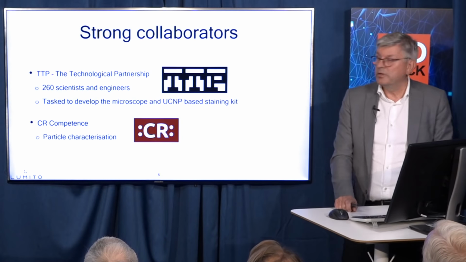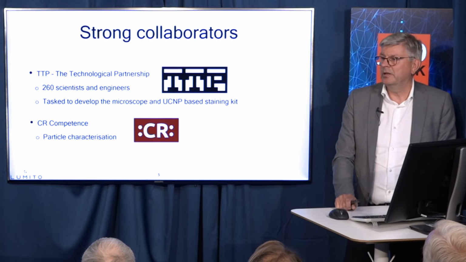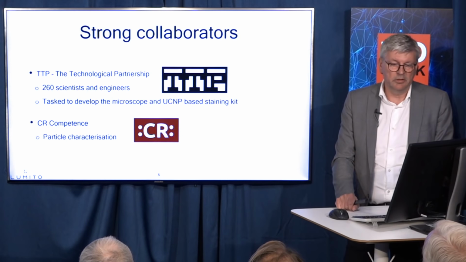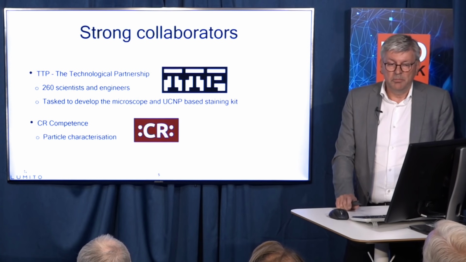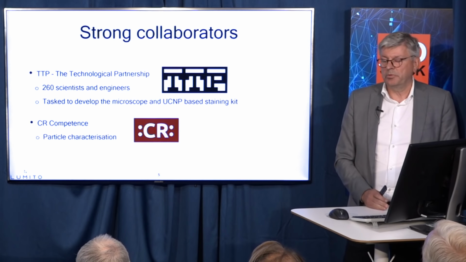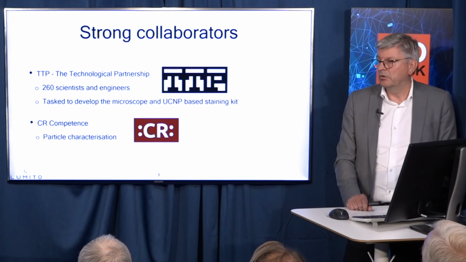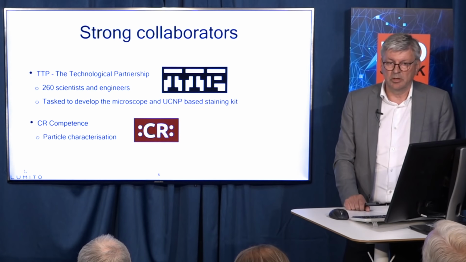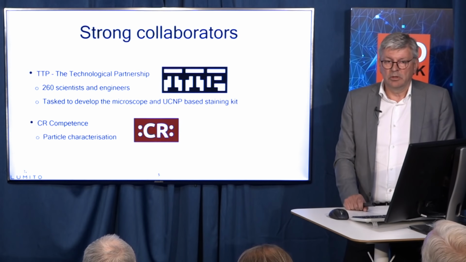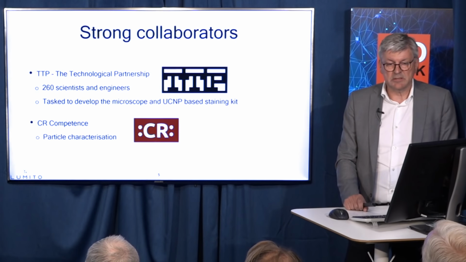How could we do this in such a fast manner, since we started with mainly the patents and the research in 2017? We have made a setup where we outsource all development to our partner, TTP, the Technology Partnership in Cambridge, UK. So they are doing all the development work on our requests.